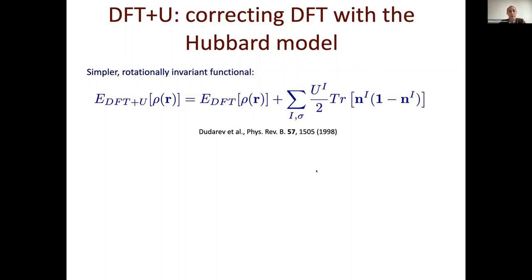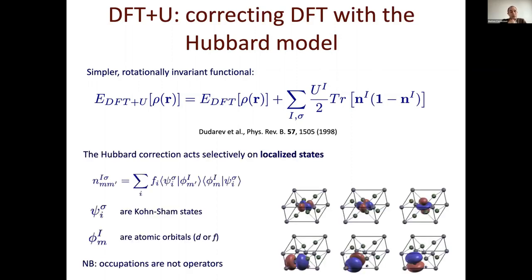So a so-called idempotent occupation matrix. How it works, again, this is the definition of the occupation matrix as a projection onto atomic states, of which you get a representation down here. And in order to understand how it works, you have to keep in mind that it only acts on localized states.